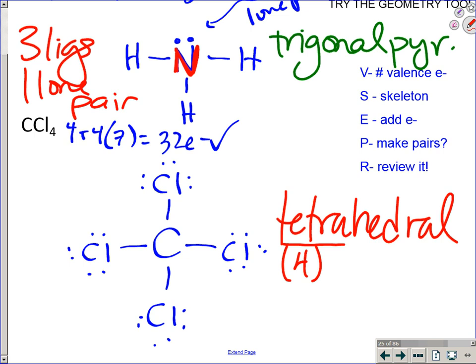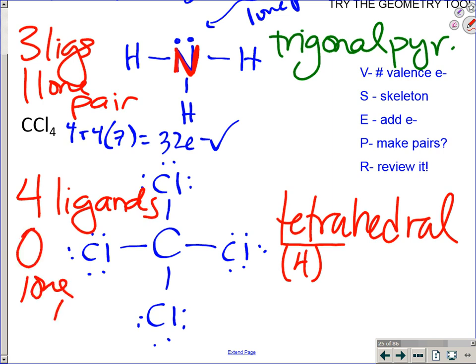Put the tetrahedron down, please. 4 ligands and 0 lone pairs. So what I've started with you with is visualizing and thinking, oh yeah, this kind of looks like a pyramid. Oh, it's got 3 legs. It's a prismal pyramid. I thought maybe you knew tetra meant 4, but that was my mistake. So that's why this is called a tetrahedral structure.